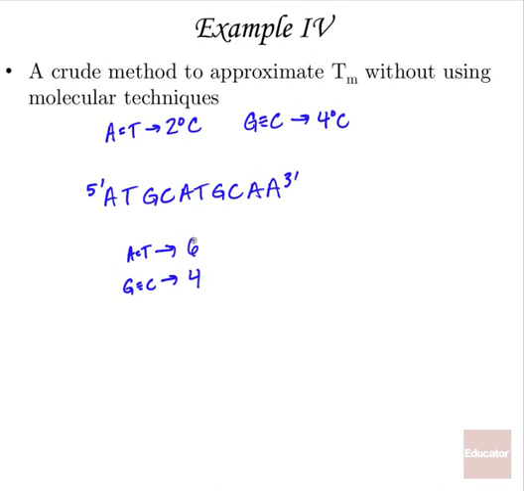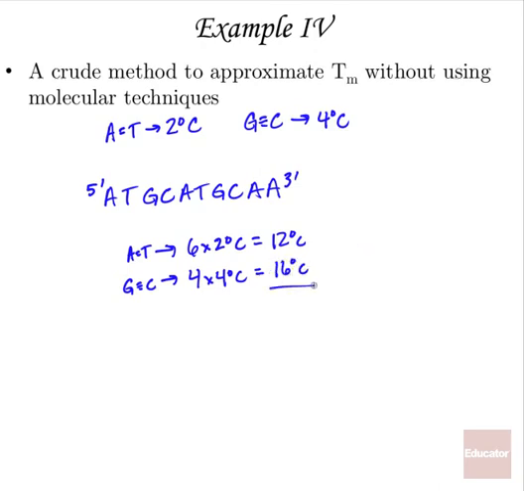Okay, 6 AT bonds times 2 degrees Celsius equals 12 degrees Celsius. 4 GC bonds times 4 degrees Celsius equals 16 degrees Celsius.